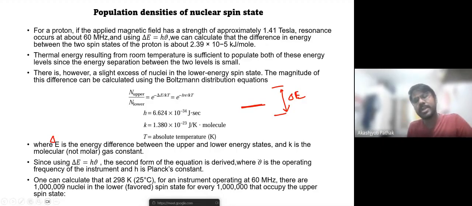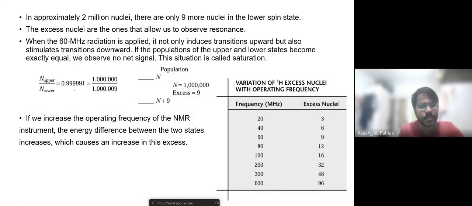Here nu is basically the operating frequency of the instrument, and h is the Planck's constant. If you put the absolute temperature, meaning temperature in Kelvin, as 25 degrees Celsius or 298 Kelvin, then from this equation you will get a factor of 1 into 10 to the power 6 divided by 100,009.